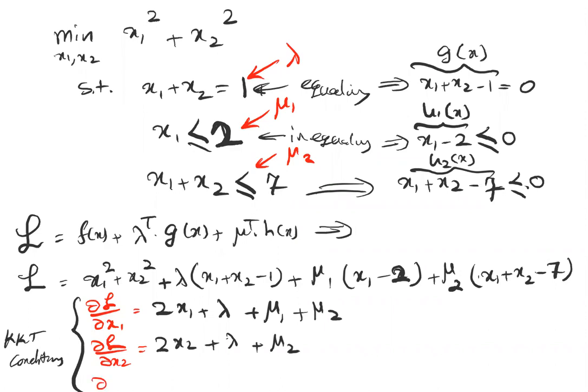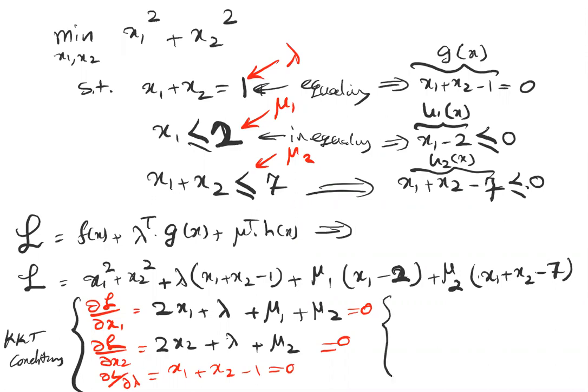Then we find derivative of Lagrange function with respect to lambda. This one should be 0, this one should be 0. So when we find it with respect to lambda, it's basically our equality constraint, 0.